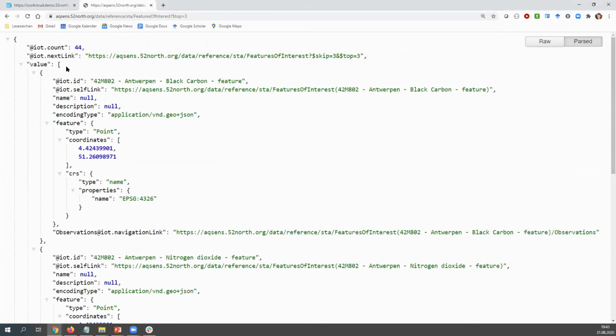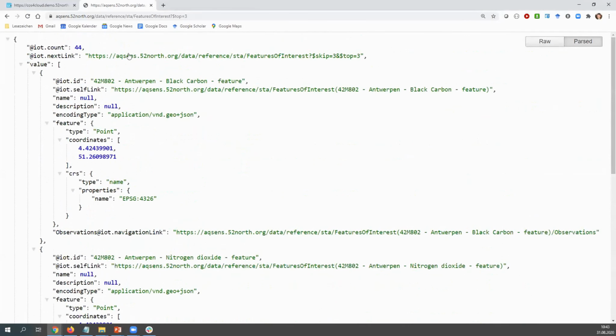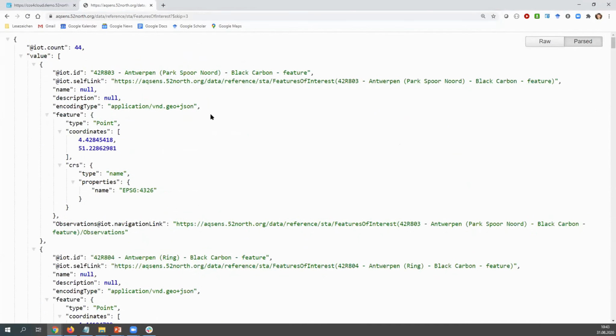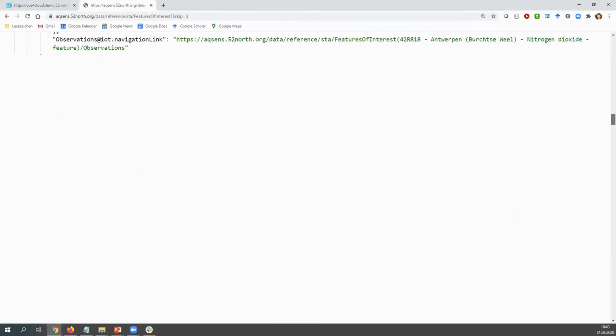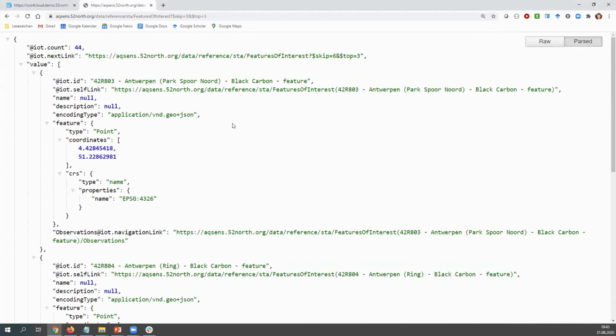So here we have in total 44 features of interest in our SDA, and with top 3, we would get the first 3 things. With skip, we would leave out the first 3 and get all the others which are available.